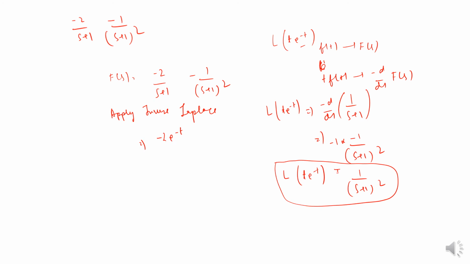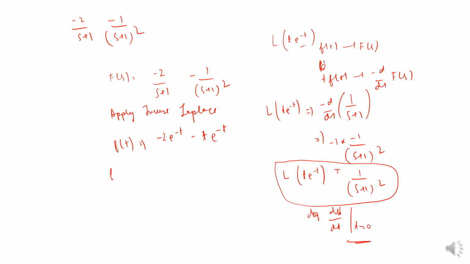So this is minus t e power minus t. Correct, right? So now this is what y of t is. But what have we been asked? We have to find out dy by dt at t is equal to 0. This is what you have to find.